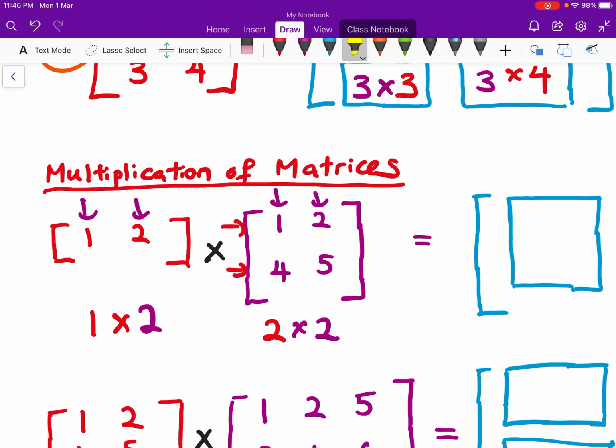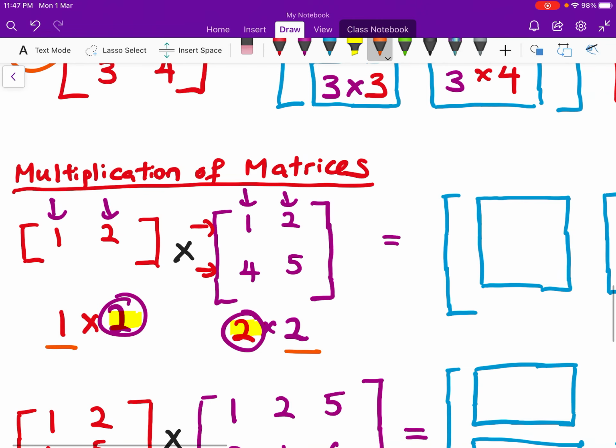In order to multiply, I must make sure this number is the same as this one. The first matrix's rows, which is 2, must be equal to the second matrix's columns, so this must also be 2. The resulting matrix I will get is 1 by 2.